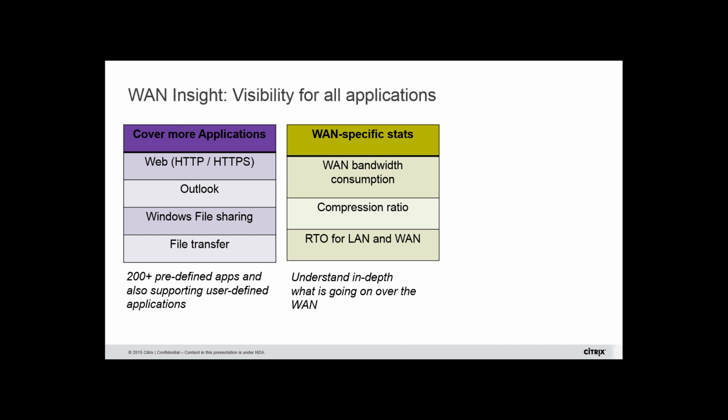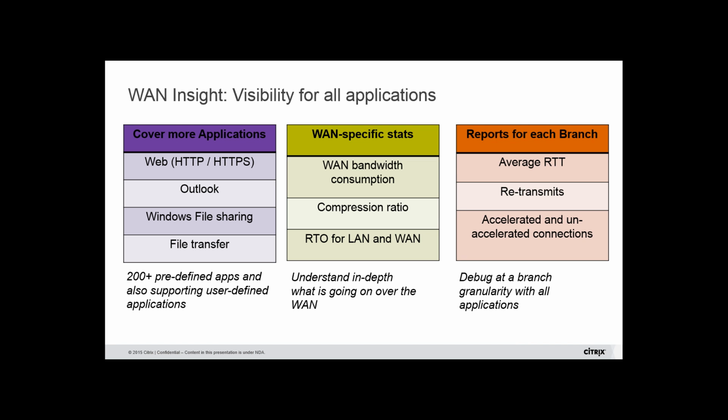Also, the second theme of WAN Insight is very specific stats related to WAN usage, compression ratio, retransmit timeouts, and things like that. And the third and very important aspect which WAN Insight brings to you is reporting at a branch level.